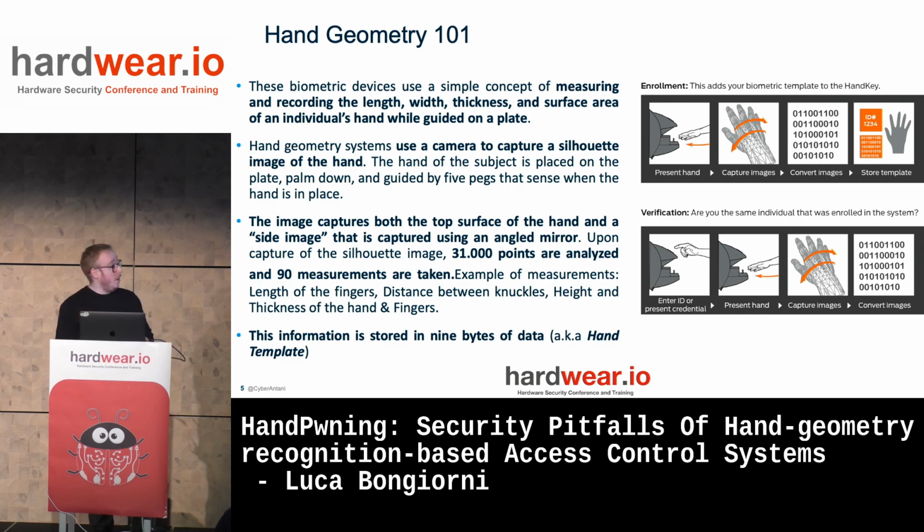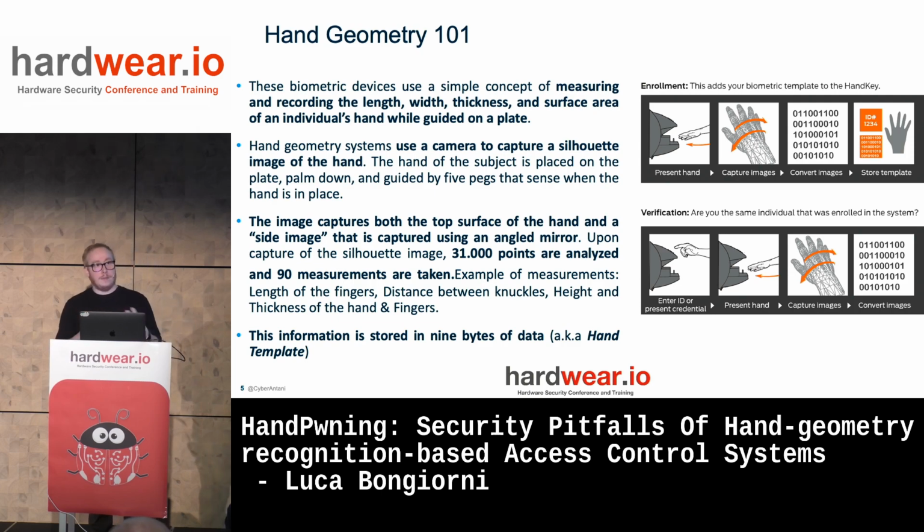Once this image, the silhouette of your hand, is acquired, 31,000 points are analyzed and 90 measurements are taken. The measurements can be, for example, the length of the fingers, the distance between the knuckles, the height, the thickness, and the width of the hand and each finger.